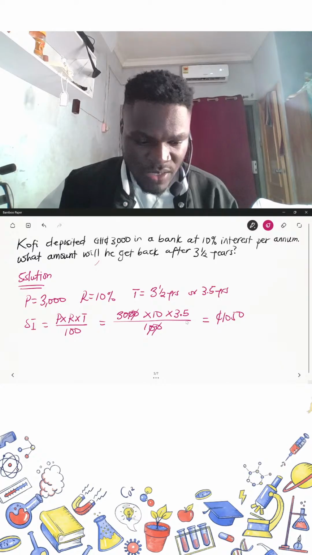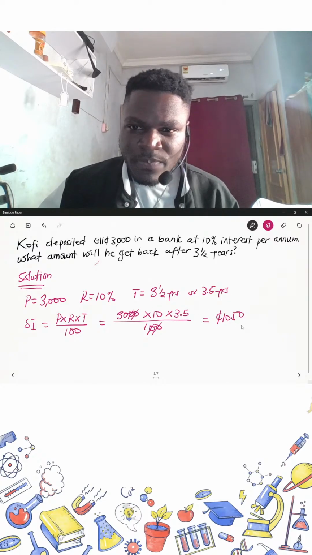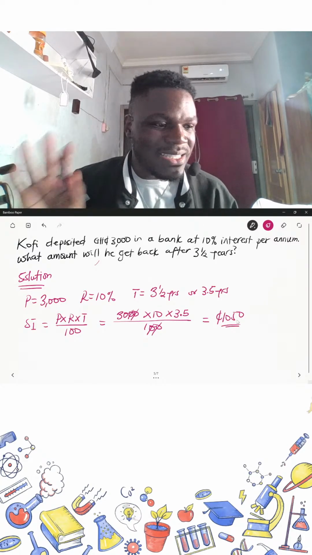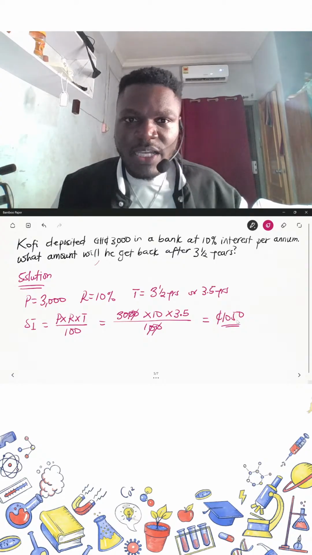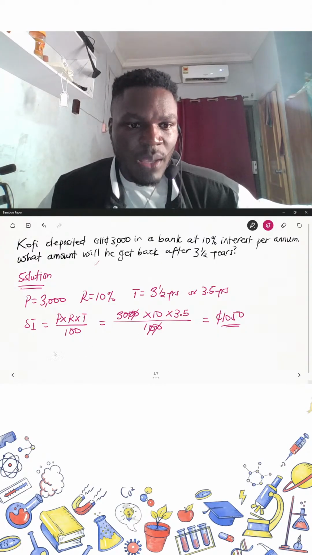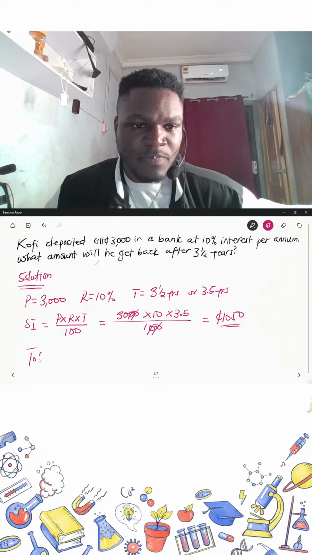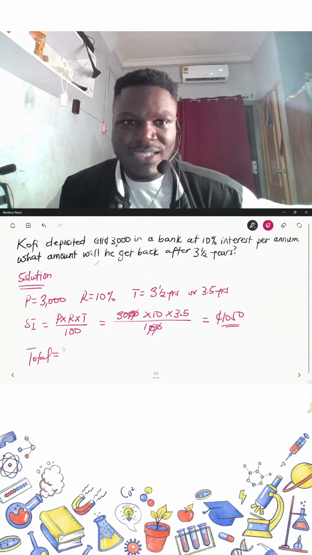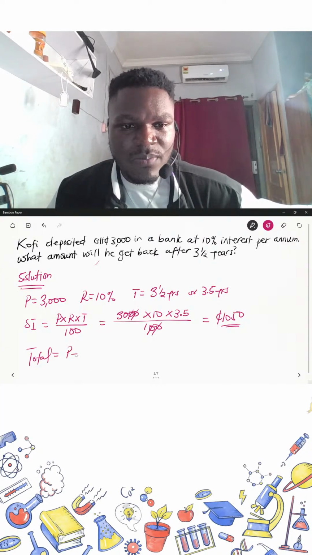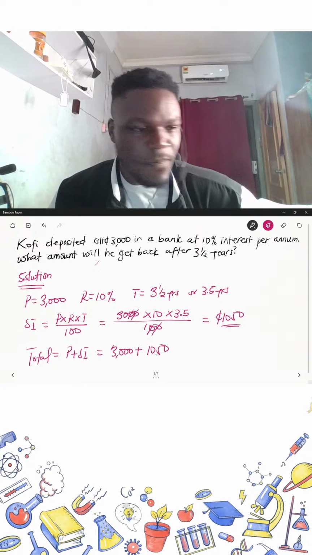Okay, 1,050 cedis. So this is just the interest, okay? It means that the amount of money that we get after 3.5 years, which is the total, I'm using total for it in this case, will be the principal plus the simple interest, and that will be 3,000 plus 1,050.